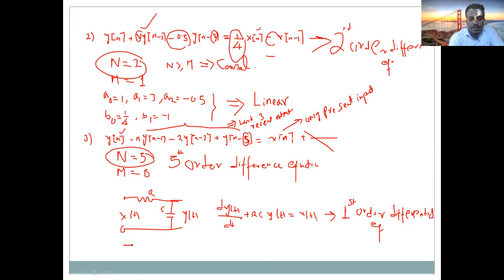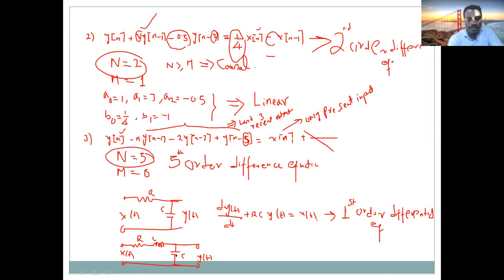Now, when you see a system which consists of three components, R, L, and C. This is the output, y of t. This is input, x of t. This is for a continuous time system, okay?